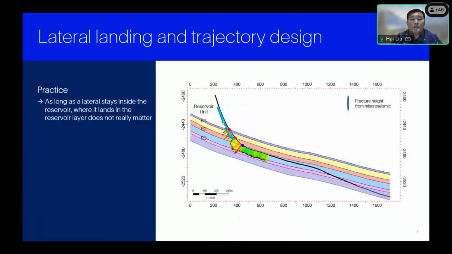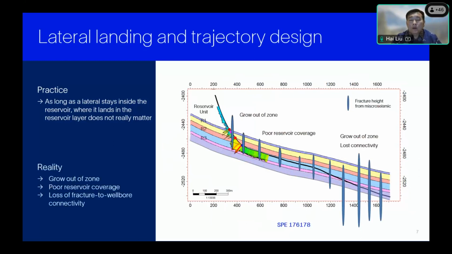Once we recognize this level of heterogeneity, we start to see why even well placement itself becomes a stimulation challenge. Traditionally, drillers focus on staying within the reservoir, maximizing drilling efficiency, and minimizing well tortuosity. But where the lateral lands vertically within the reservoir also matters greatly for stimulation. The example shown here is a well that remained inside the reservoir from top to bottom.